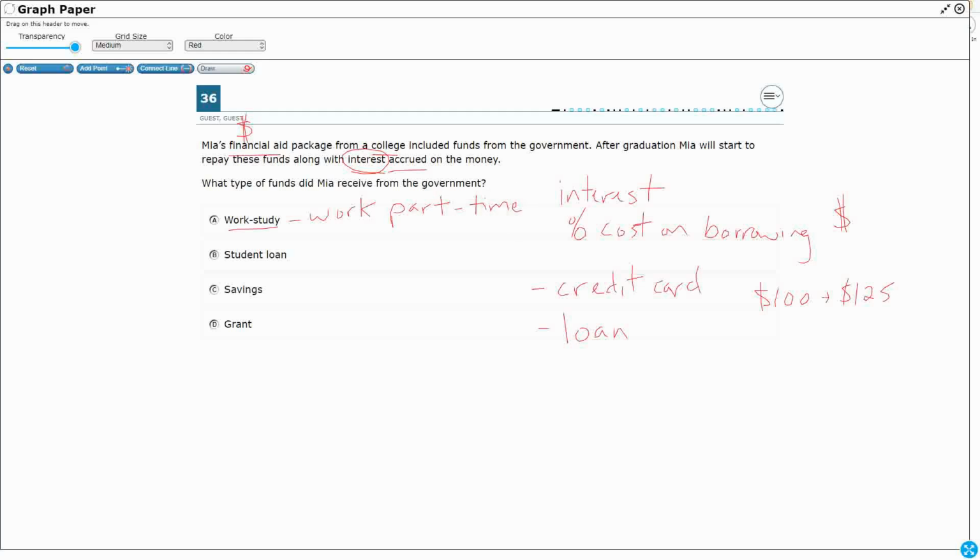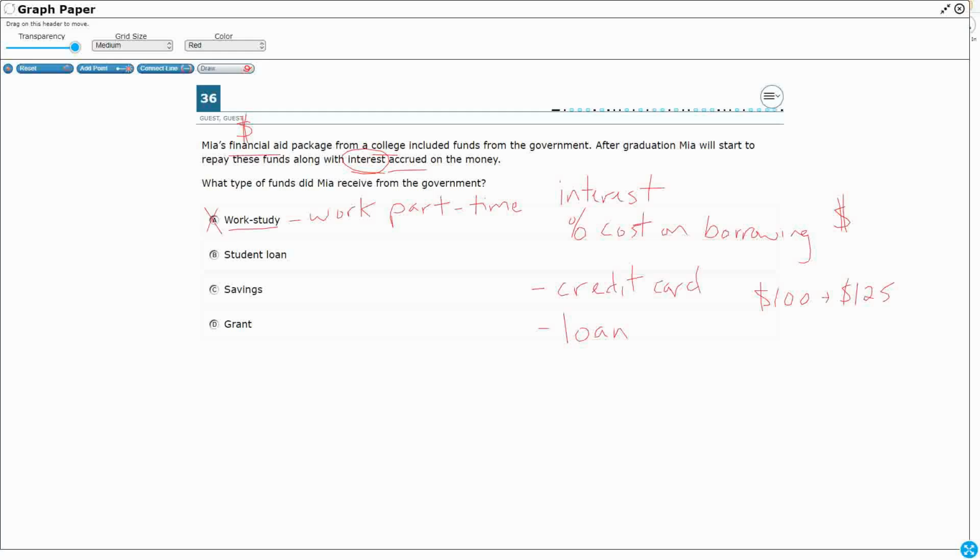Most college students have a part-time job, 10, 20 hours a week tops, but this is a part of that where they help you get a job, and then you use that job to pay your regular bills, and part of that job is actually used to pay for the fees of the college and the college courses and your books and your meal plans and all of that. So work study is literally a job that you get, and that is not going to accrue interest because it's a regular job and you just get the wages you earn and do with that money what you need to do. So it's not going to be this one.